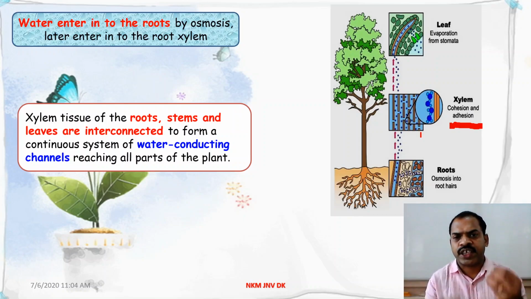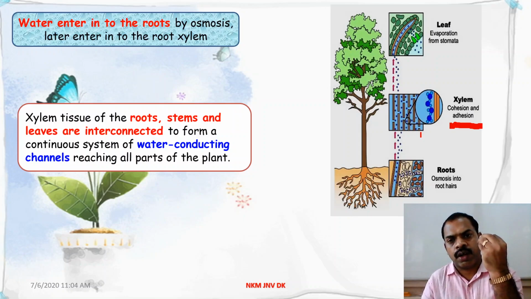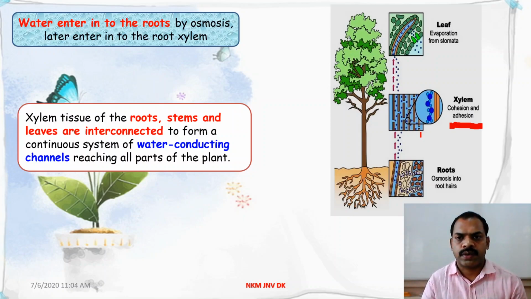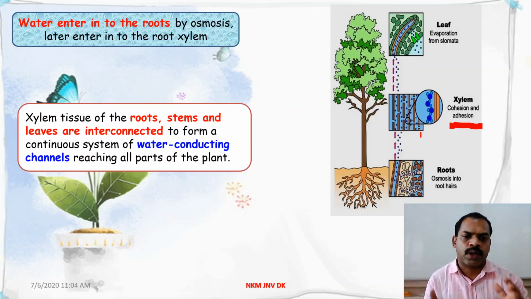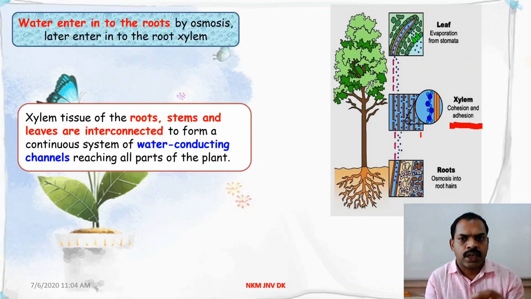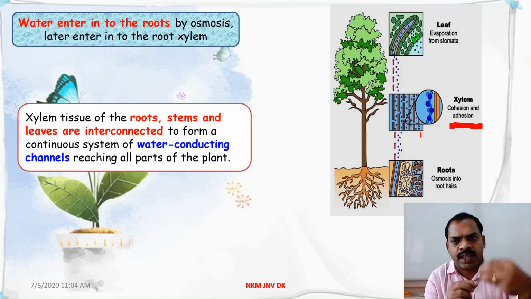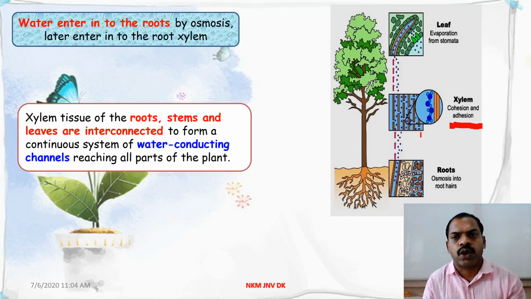How can we see H2O? Let us see the chemistry. Two hydrogen atoms combined with one oxygen atom. How can we see the water? If one water molecule is individual, we cannot see it. So one water molecule is connected with the neighboring water molecules through cohesion.